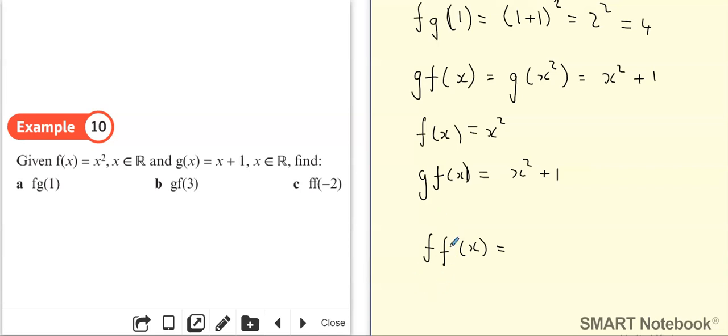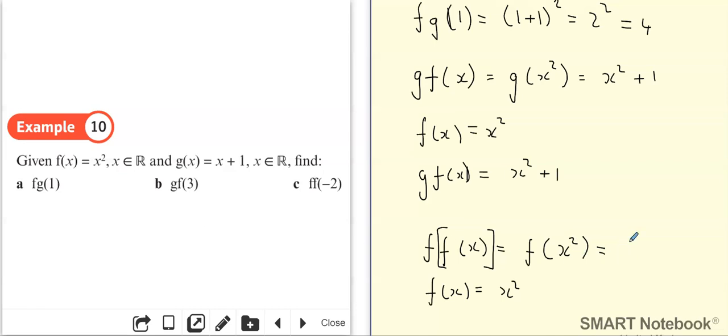So starting point, f of x equals x squared. So this bit here inside the square brackets has become x squared. So I'm trying to work out now f of x squared. If my input is x, I square it because it's saying f of x is x squared.